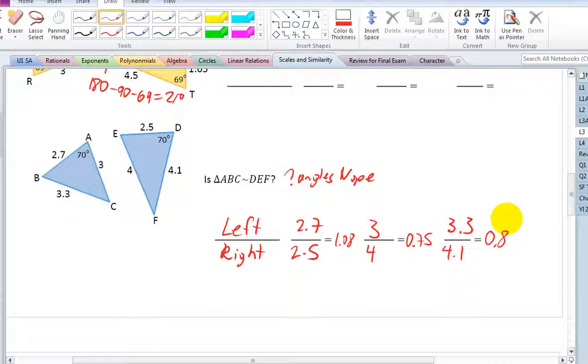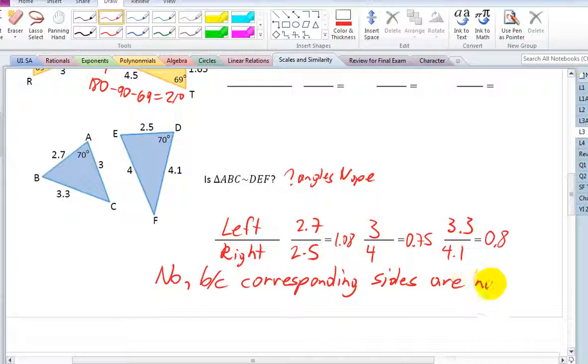So, are they similar? No, because corresponding sides are not in the same ratio. Okay, so it's not going to work out.